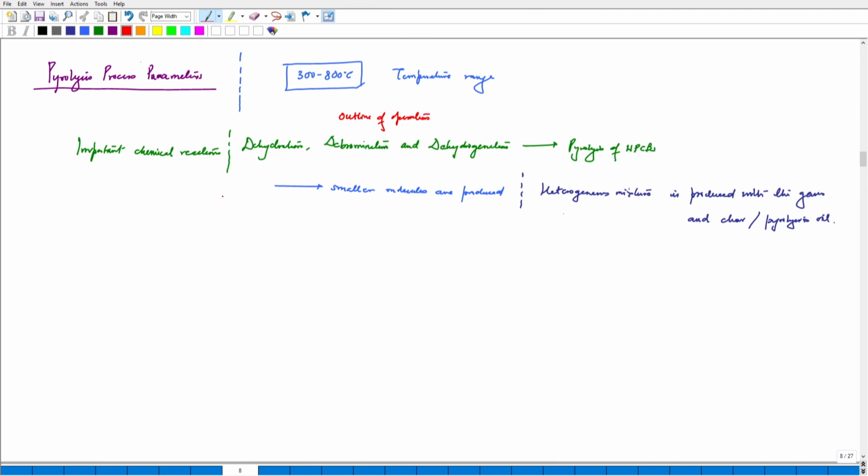But what are the parameters? So when we look at parameters, we have temperature, then we have power and heating rate, and then we have particle size.